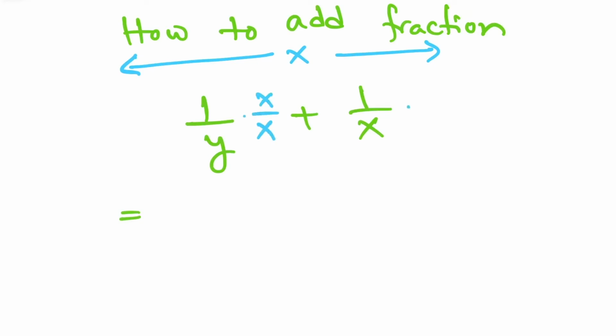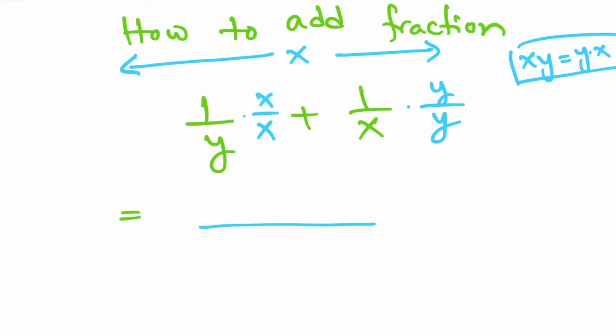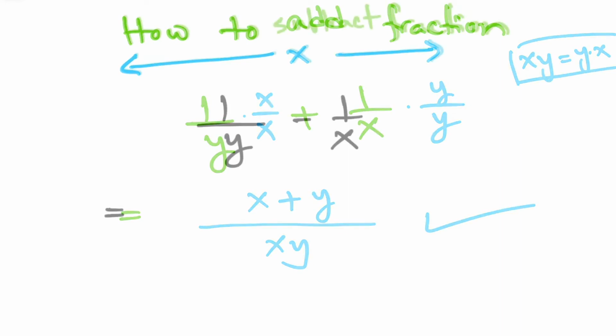So we are going to multiply top and bottom by x, top and bottom by y. Since their denominators are the same, we can add the numerators, okay? So again, x times y is equal to y times x. So they are the same thing, okay? So x, y, their denominators are the same. We can add the numerators.